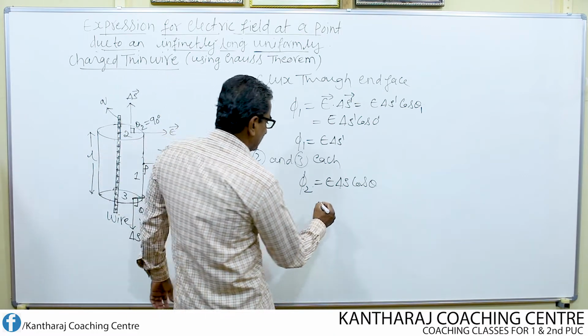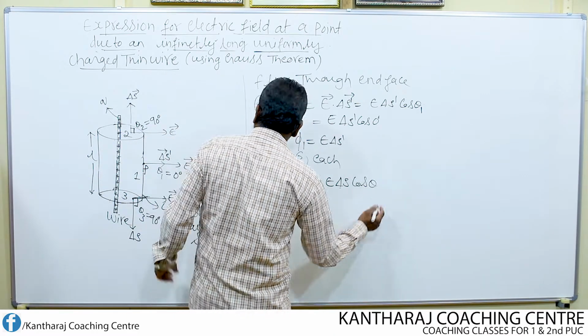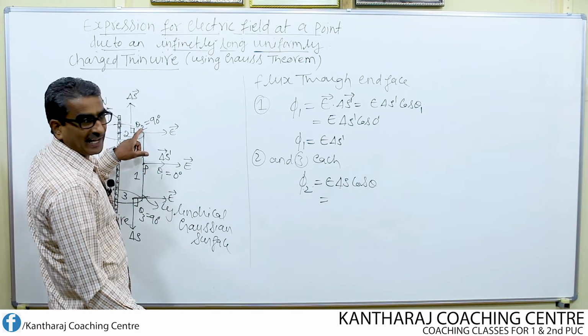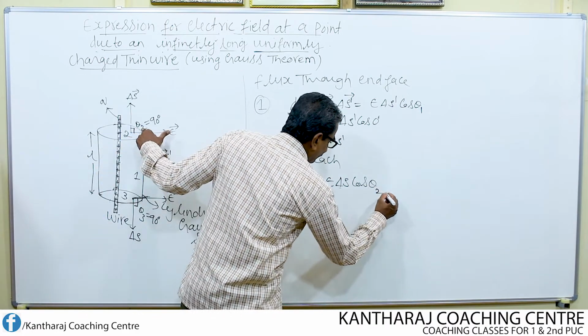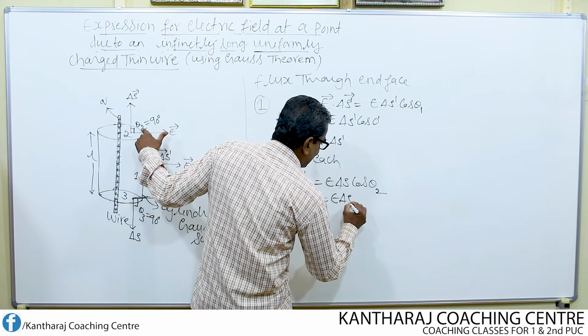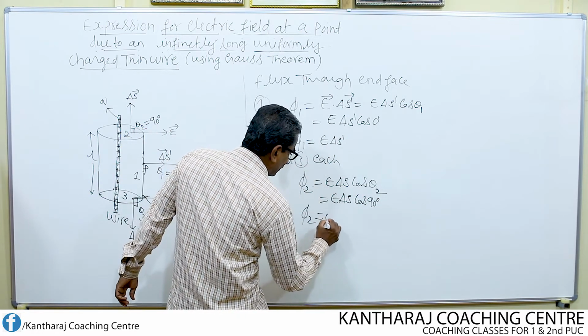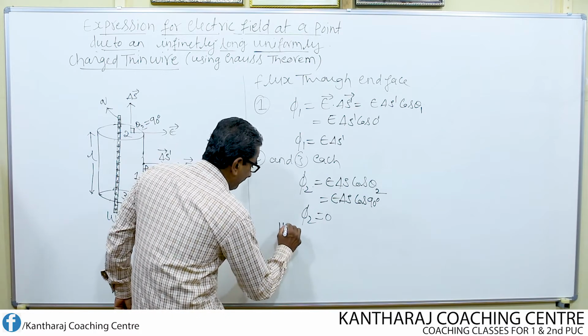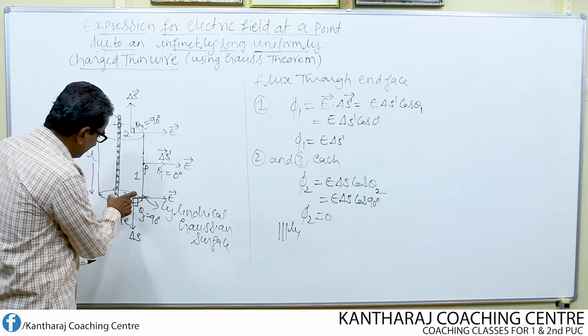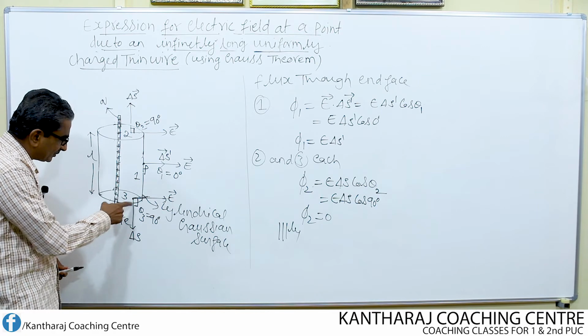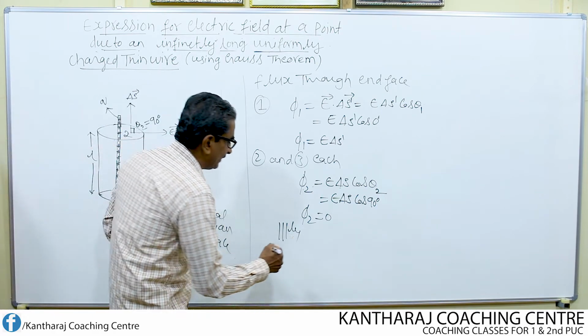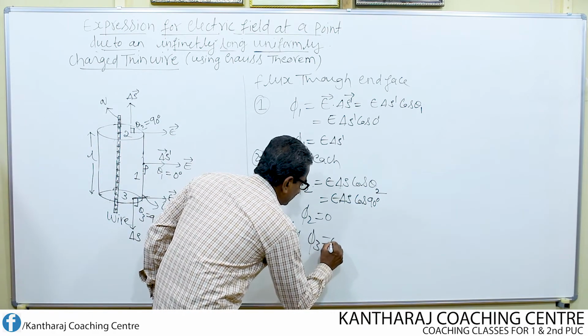But for phase 2, what is the angle? Theta 2. E into delta S into cos 90 degree, that means phi 2 is equal to 0. Similarly, flux through this bottom end phase 3 is once again phi 3 equal to 0.